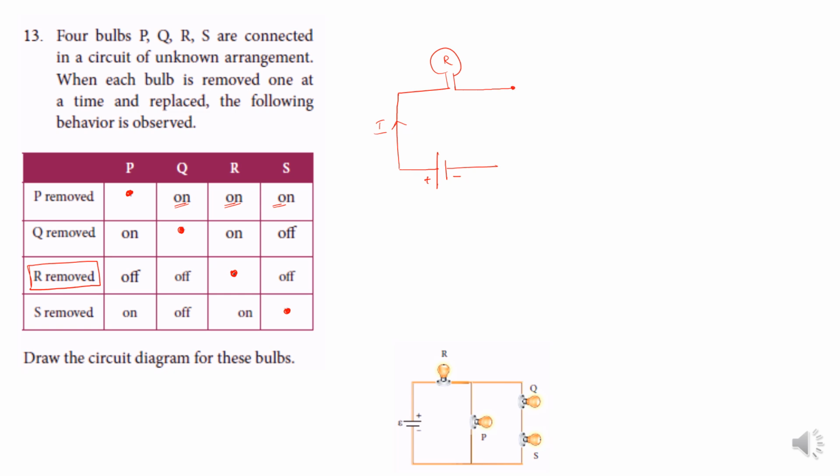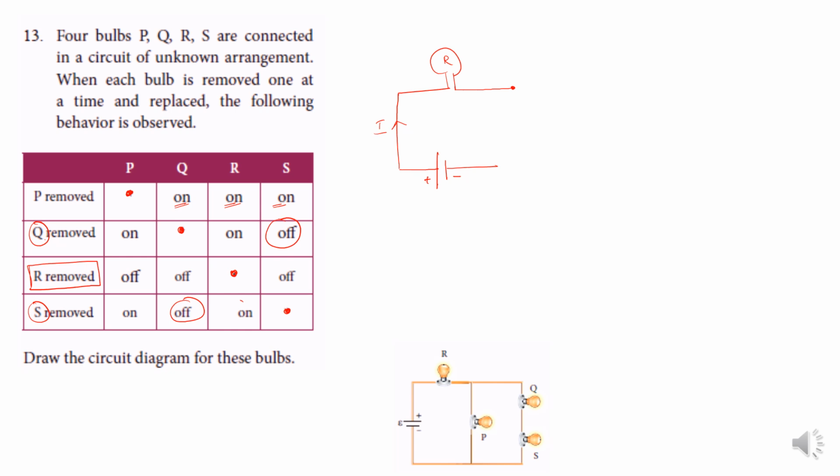And then see, when Q is removed, S is off. When S is removed, Q is off. That means Q and S are in series connection. You understand? In series connection, if you remove one, the circuit will be open and there will be no flow of current.